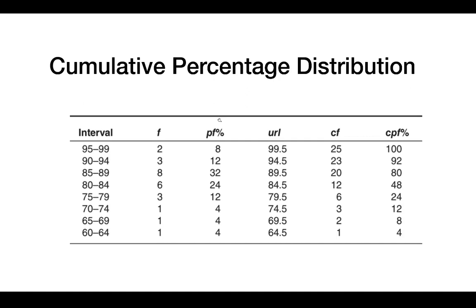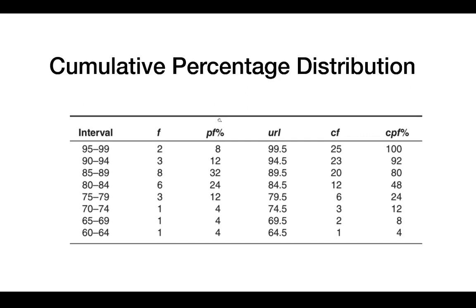89.5. So having identified that 89.5 is the 80th percentile, we would understand that to score better than 80% of those in our class, a student must have a score that beats not only all the scores below the 85 to 89 interval, but all the scores in the 85 to 89 interval.